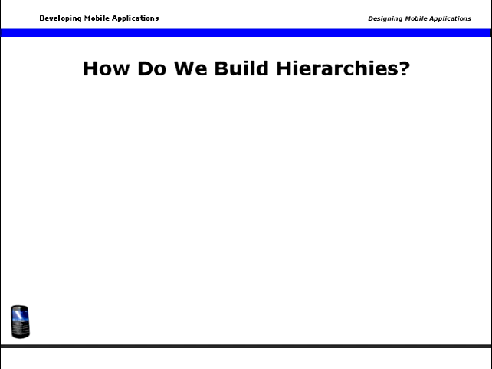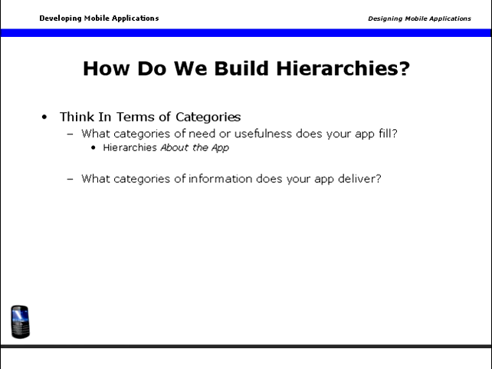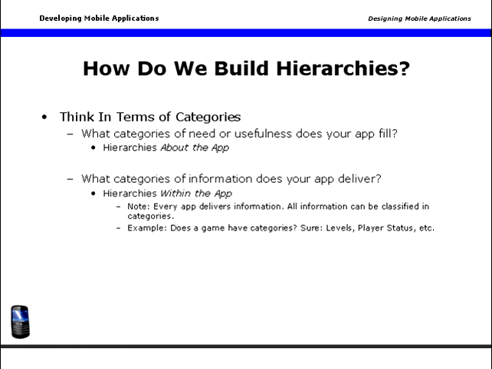So how do we build great hierarchies? Well, it helps to think in terms of categories. Which categories of need or usefulness does your app fulfill? Those are your hierarchies about the app. What categories of information does your app deliver? Those will end up being the hierarchies within the app.